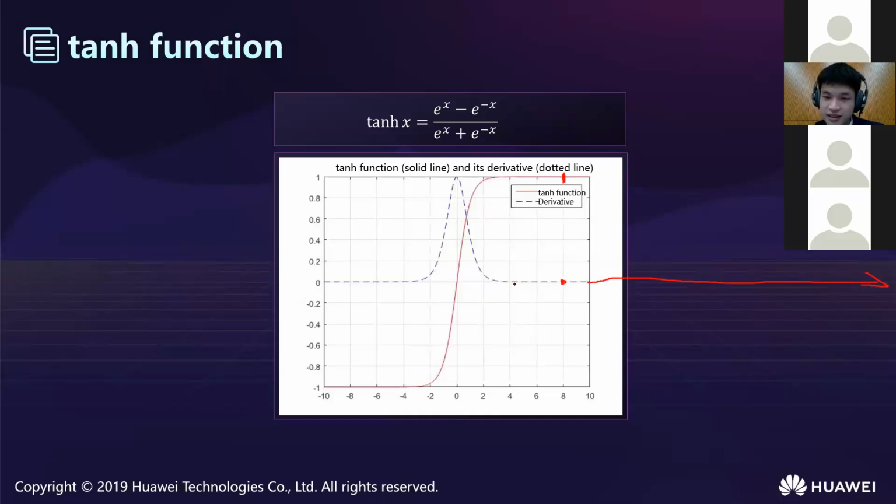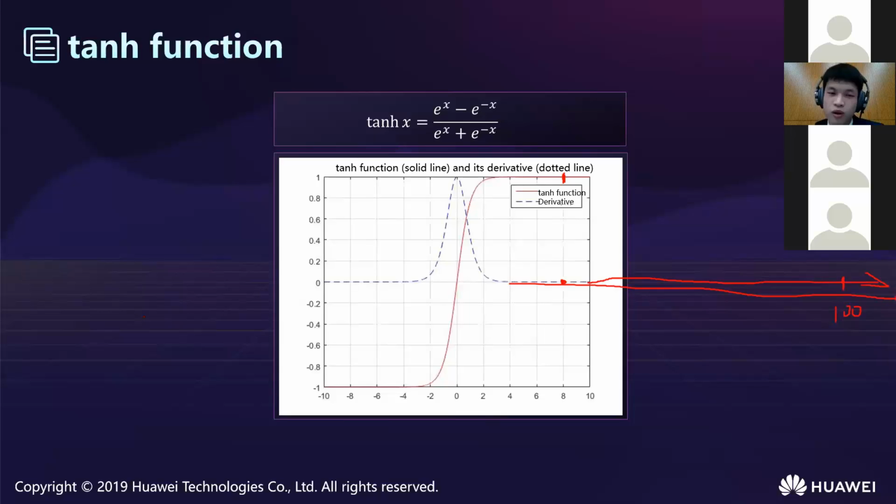And then if we input 100, the output will also be close to 1, right? So that means the derivative of the tanh in this range is close to 0.